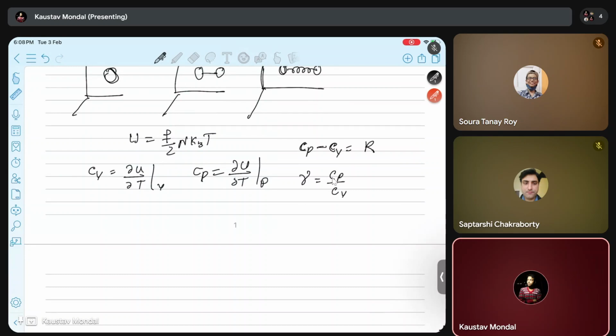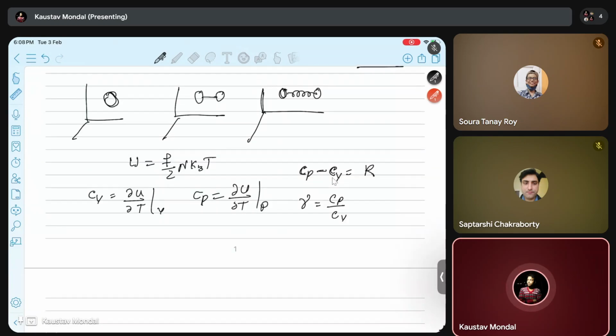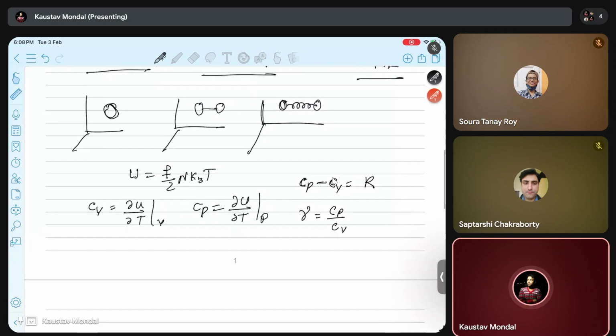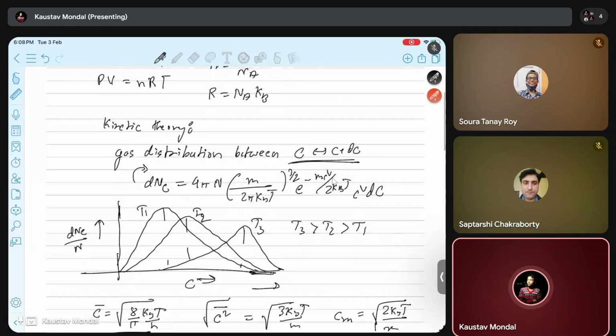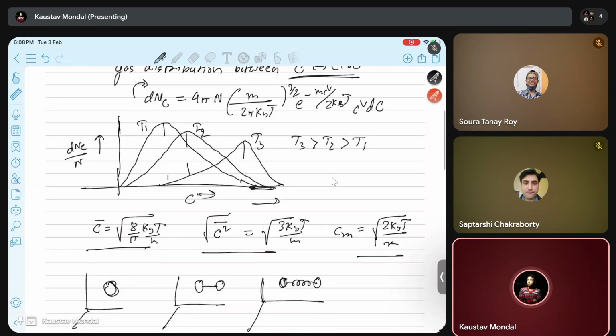So if you know the degrees of freedom of the molecule, you can calculate all of these quantities. These are the things we discussed in the previous class.